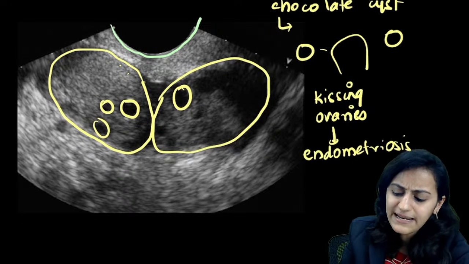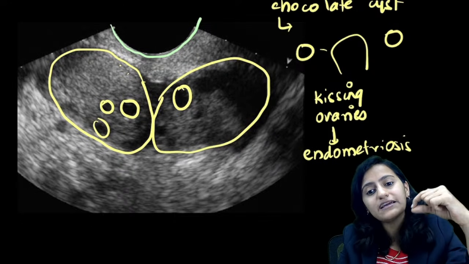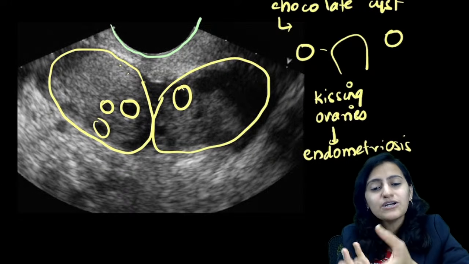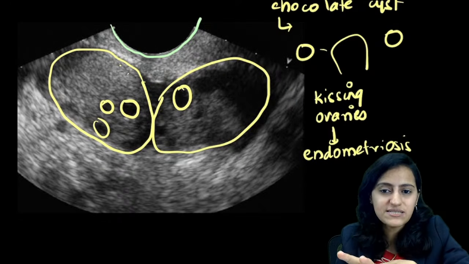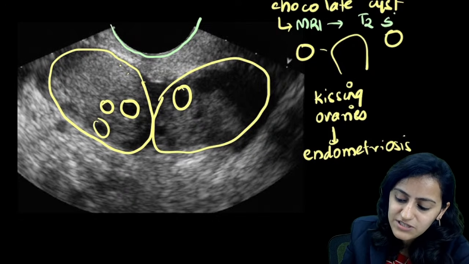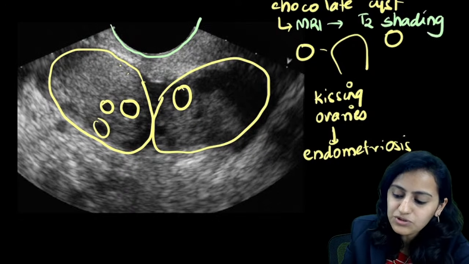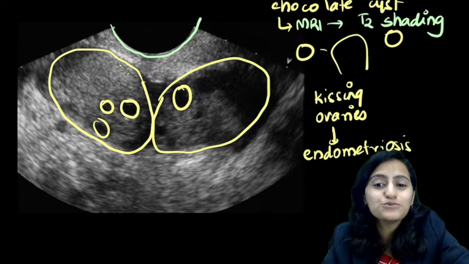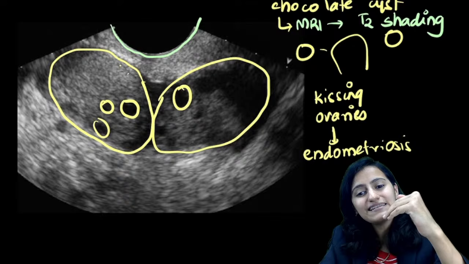And just remember an extra edge point here: if you want to differentiate whether the cyst in the ovary is a chocolate cyst or a regular hemorrhagic cyst, it can be differentiated on MRI by a sign called T2 shading, right? The chocolate cyst shows the T2 shading. Why T2 shading?